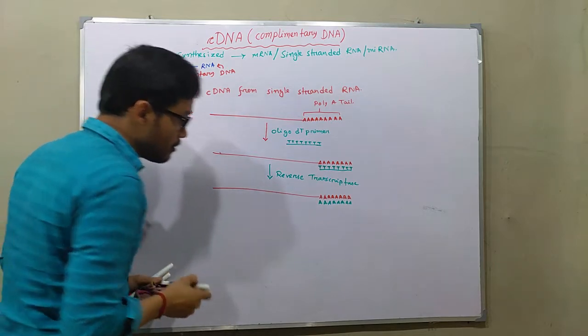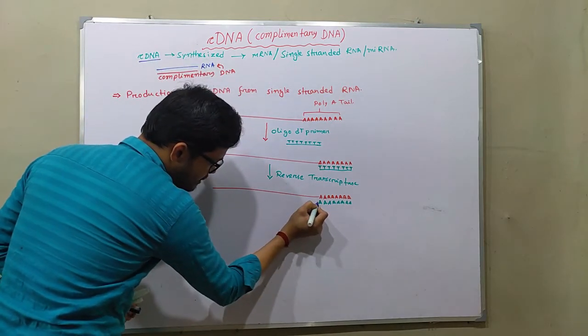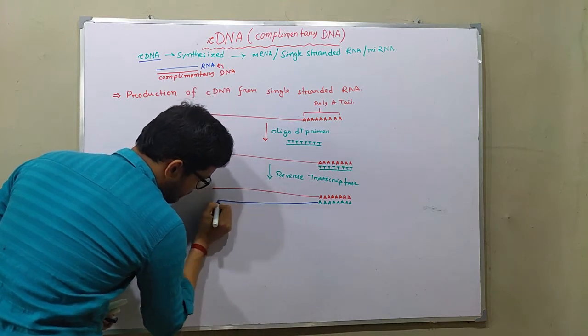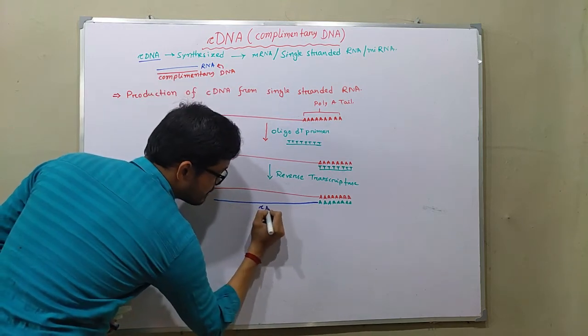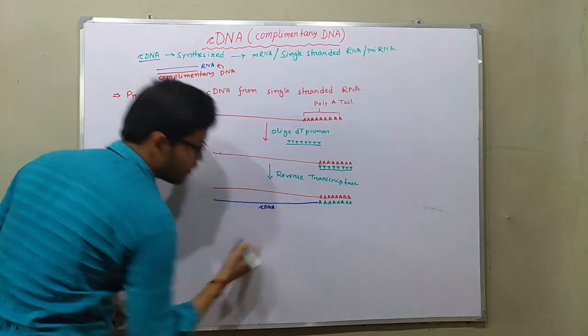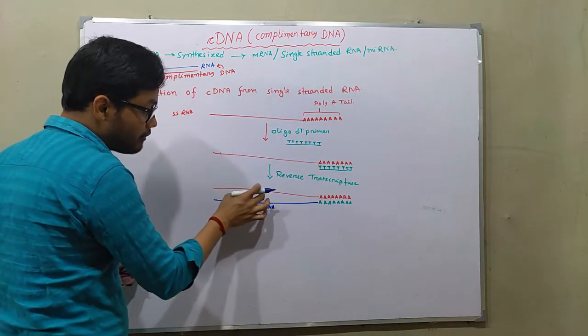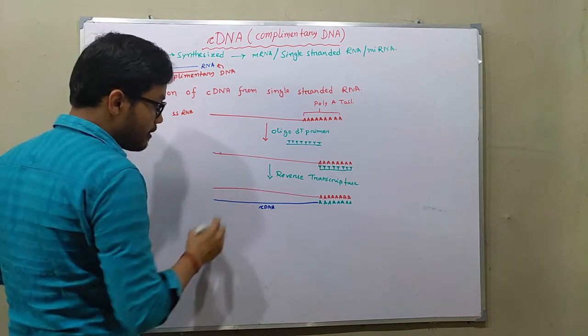The reverse transcriptase creates a complementary DNA, or produces a complete synthesized complementary DNA from the particular mRNA molecule.